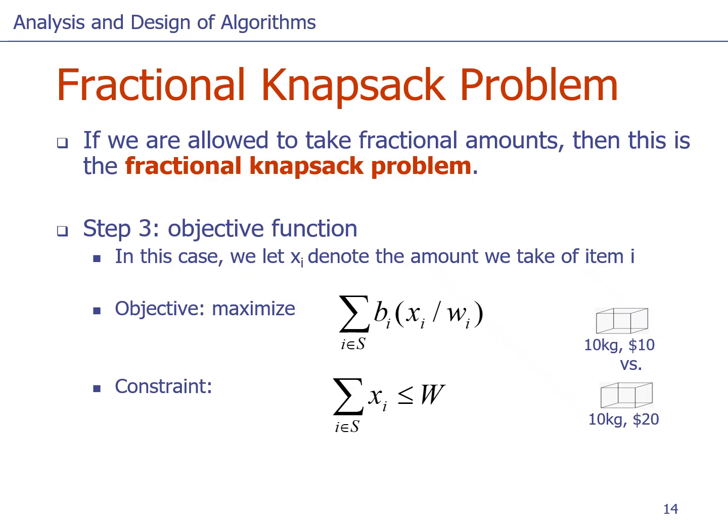If I divide the value by the weight, then I will know the value of each fraction. Let me give you an example. Let's say I have an item whose weight is 10 kilos and its value is $20.